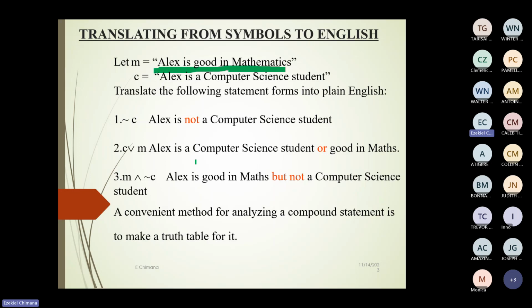Alex is not a computer science student. What else? Okay, it's fine. You can also say it is not the case that Alex is a computer science student. This is still acceptable there. What about C or M?